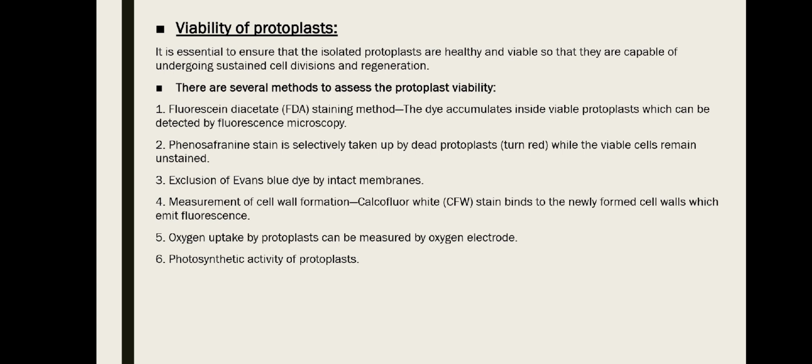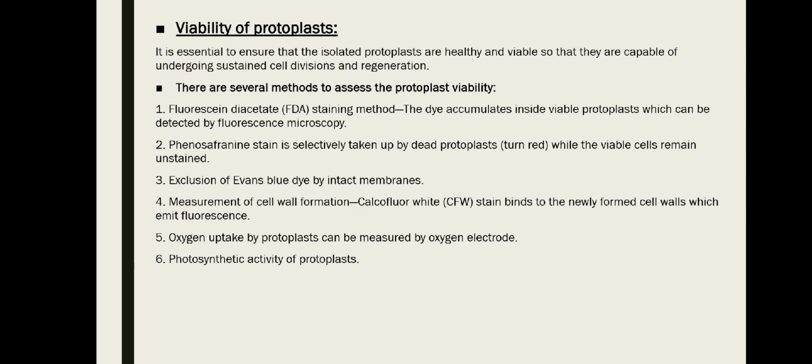1. Fluorescein diacetate, FDA, staining method. The dye accumulates inside viable protoplasts, which can be detected by fluorescence microscopy. 2. Phenosafranine stain is selectively taken up by dead protoplasts, which turn red, while the viable cells remain unstained. 3.